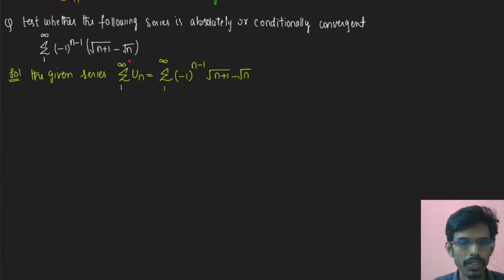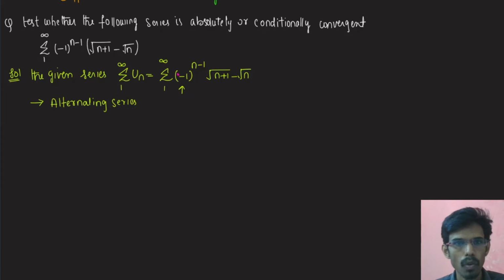Now this (-1) to the power n minus 1 indicates the given series is alternating. The given series is an alternating series due to this (-1) to the power n minus 1.